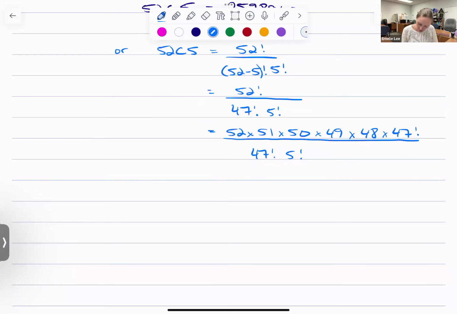Now, the whole point was to cancel those. Okay. And let's see here. 5 factorial, let's start there, is 120. Keep that in my back pocket. 52 times 51 times 50 times 49 times 48 divided by 120.